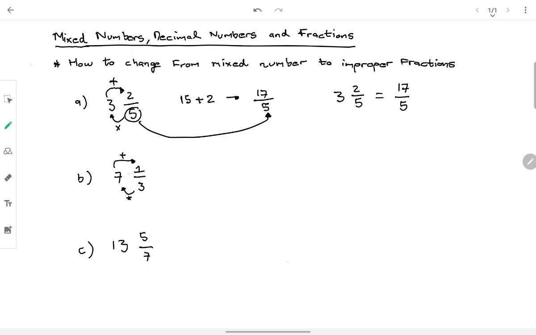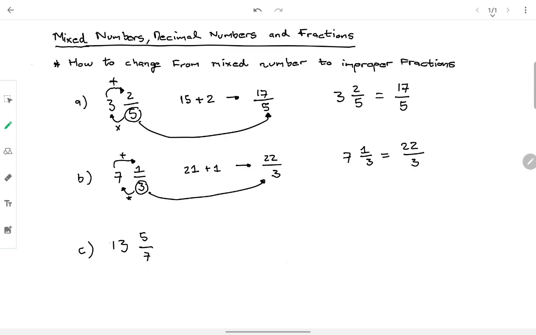That means 7 times 3 gives us 21 plus the numerator 1 gives us 22, and the denominator keeps the same, 22/3. That means that 7 wholes and 1/3 can be represented as 22/3. Let's see a final example.